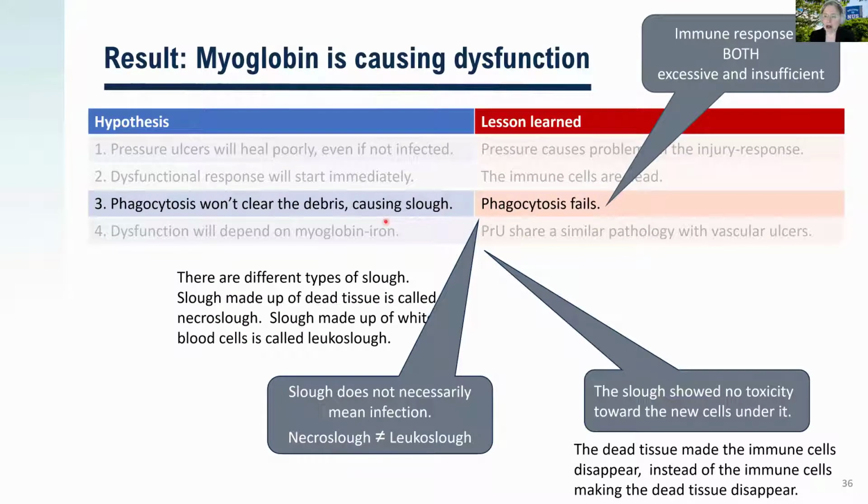So what we've learned from the first hypothesis that phagocytosis didn't clear the debris is that the immune response is both excessive and insufficient at this early time point, or leading up from 3 days to 10 days.